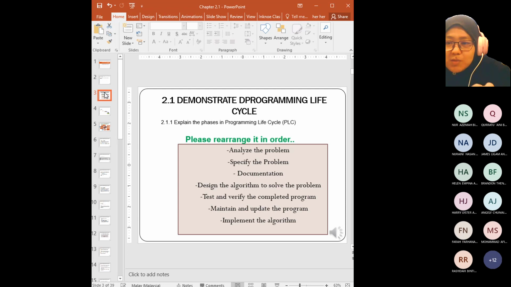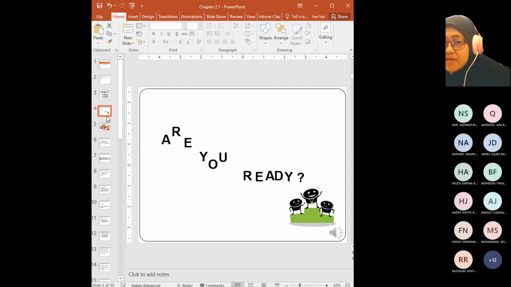Lepas tu cukup semua jadi dewasa kan. So just like how you learn the life cycle of a frog in school, programming language also have its own life cycle. So the life cycle of programming language, there's 7 phases of them.